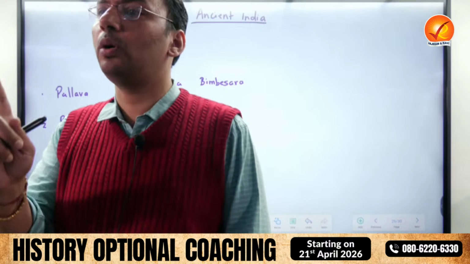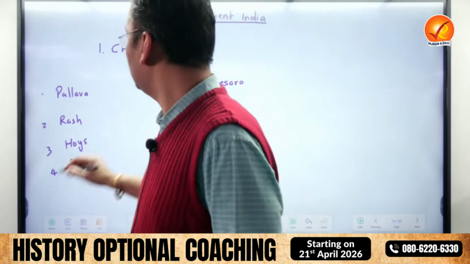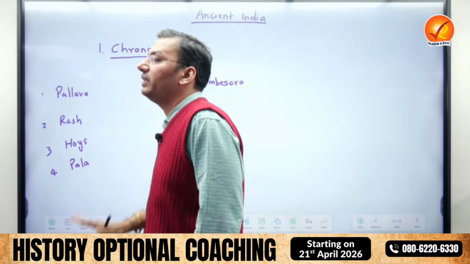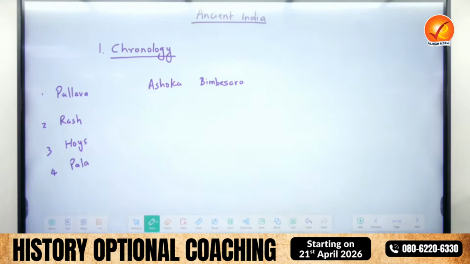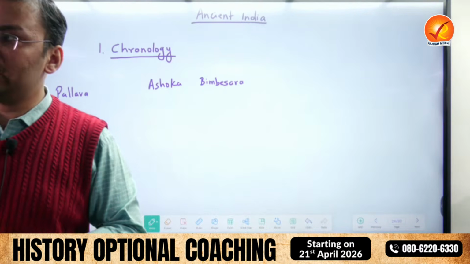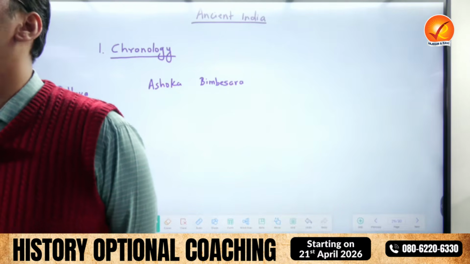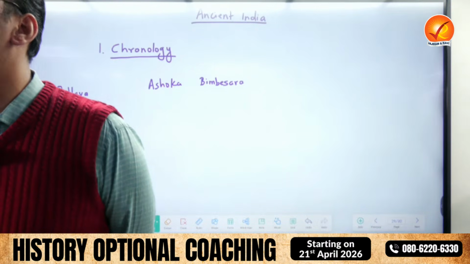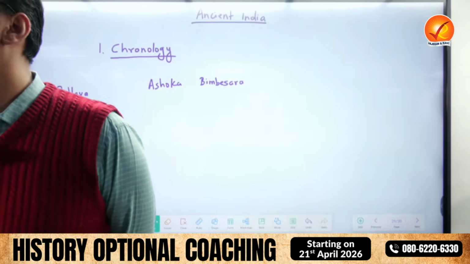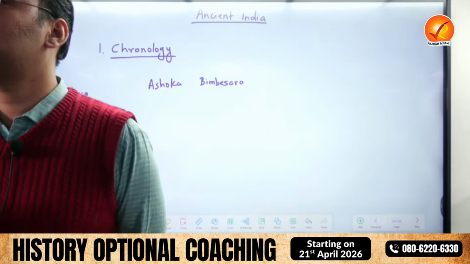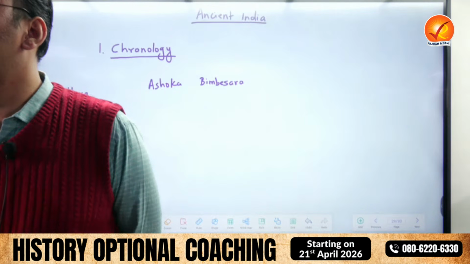Your first obligation in any part of history is to know the basics of events. If you do not know which of the following dynasties existed in which period, how are you going to study it? For example, you are teaching me post-independence, and you are teaching me about the Emergency, the 91 reforms, the Green Revolution, and I ask you, sir, one minute, which prime minister came first?